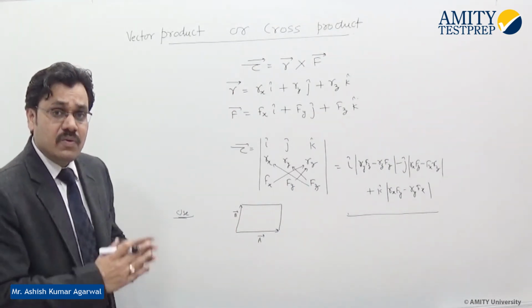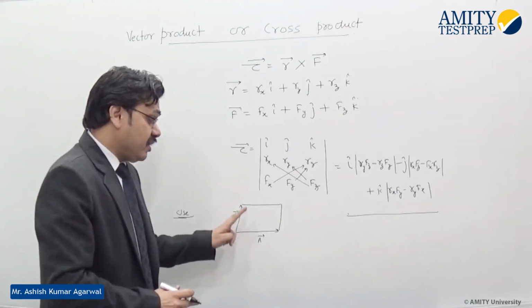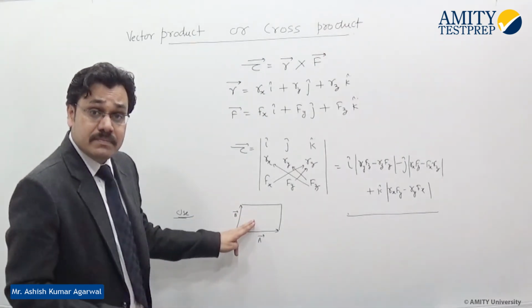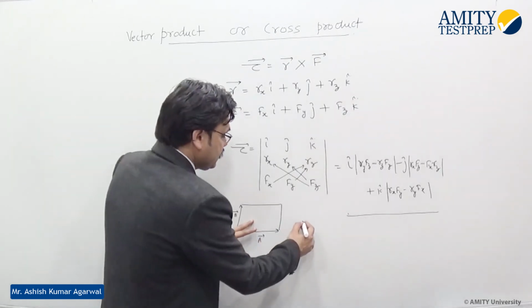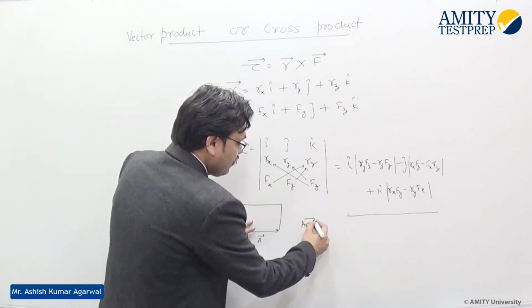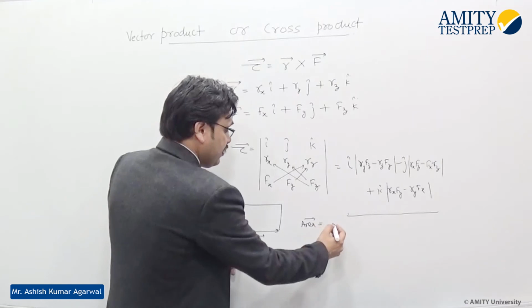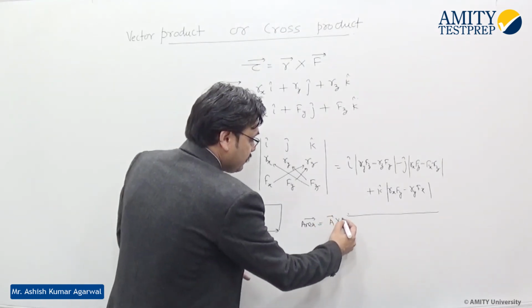If I want to find the area of this parallelogram, then the area vector will be given by A cross B.